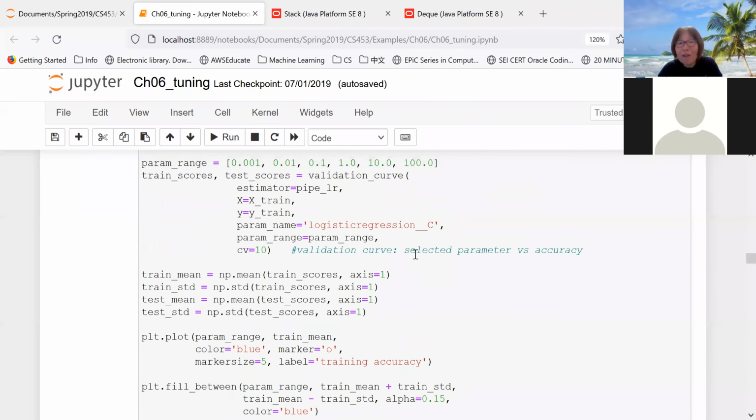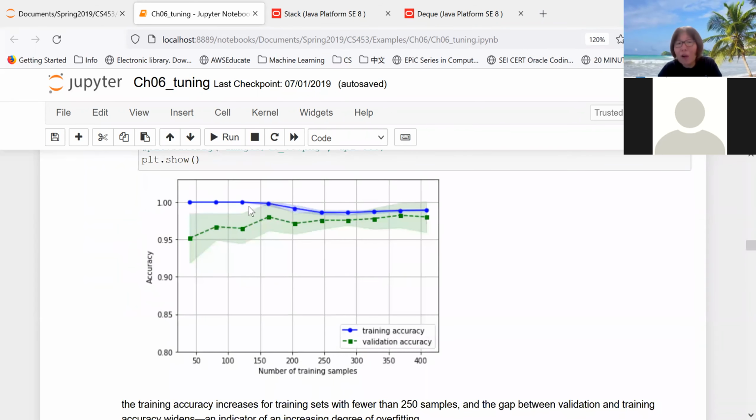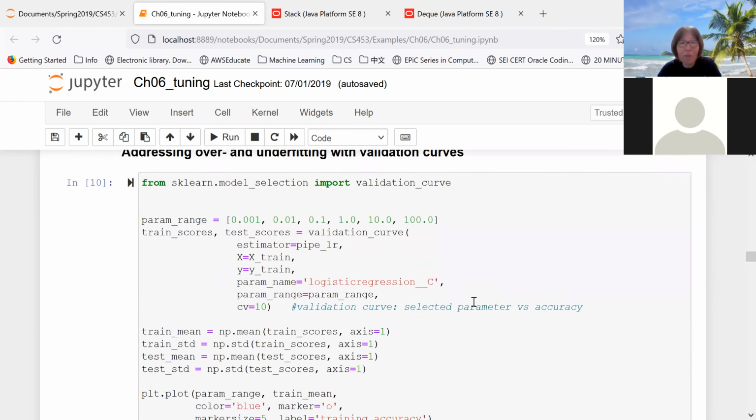If you recall, last class we learned the learning curve, which is number of samples versus accuracy. If the gap between the training curve and the validation curve is quite small, and they approach your desired accuracy, then the model is optimal.